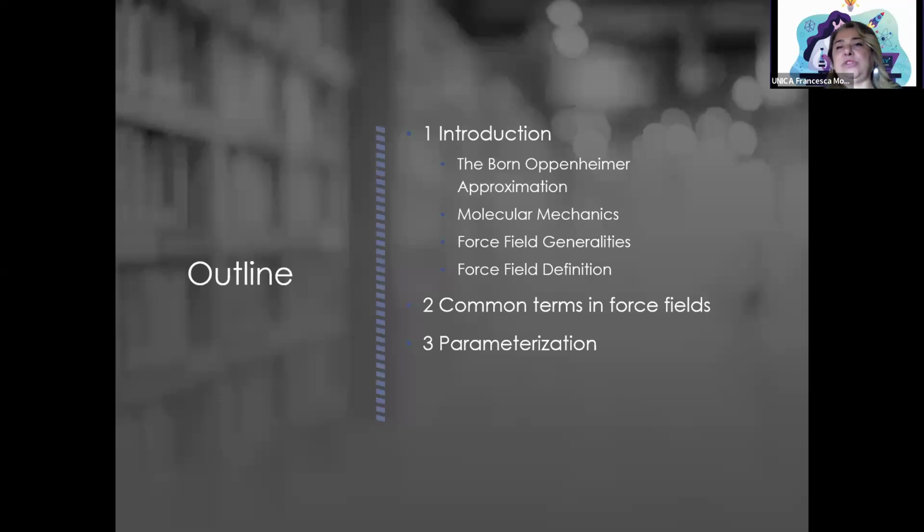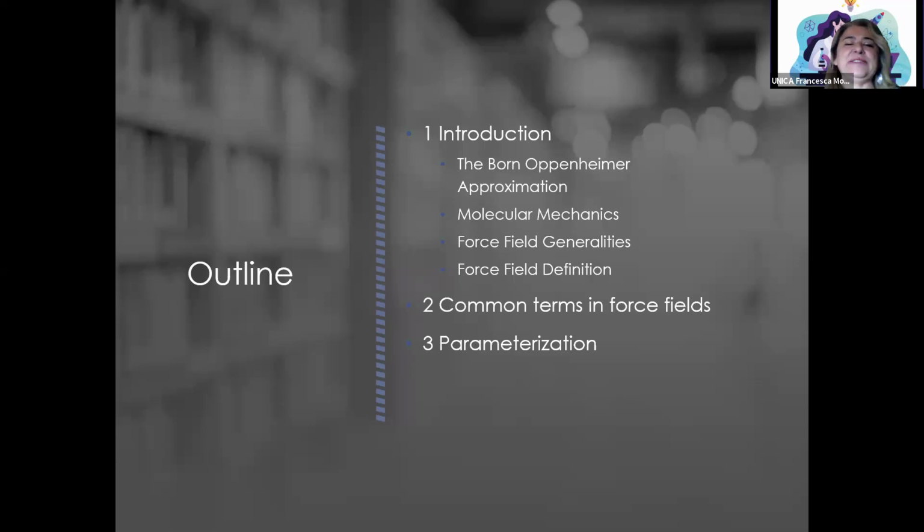During this talk, I will start from the approximations that are at the base of the force field, quickly explaining what is molecular mechanics and what are the generalities of the force fields that are used commonly in the DNA simulation field.